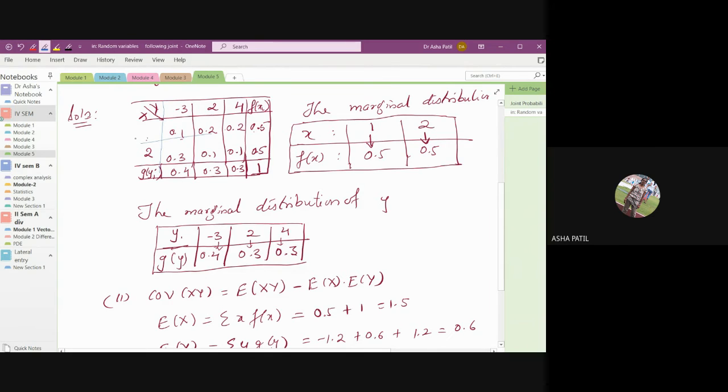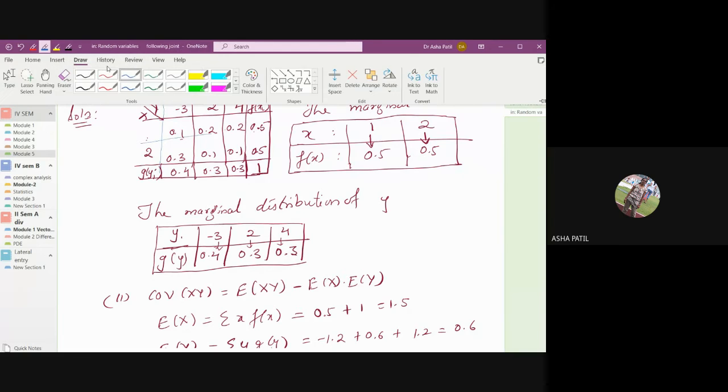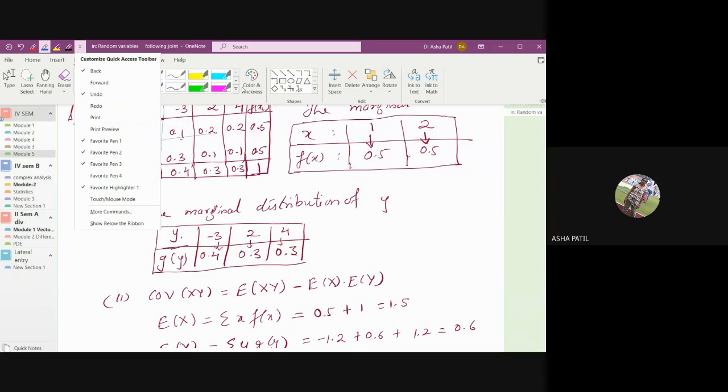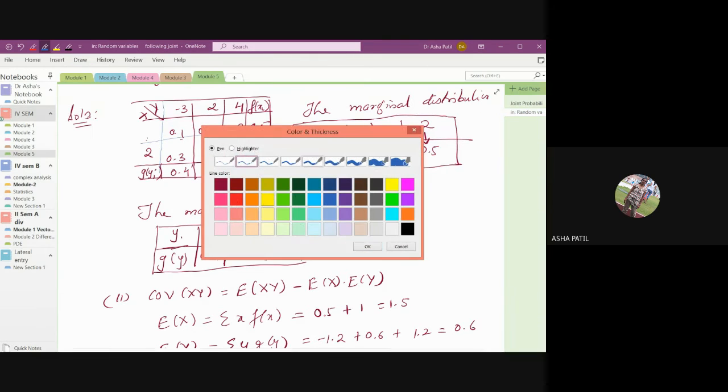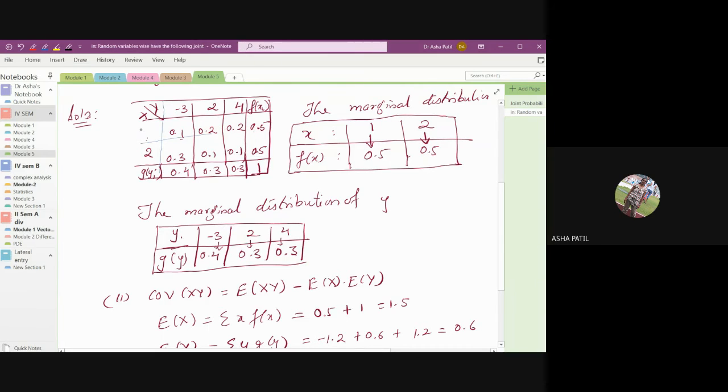We have here, what is the value? 1. This value is 1, okay. So xi, then yj into its corresponding probability pij. xi, yj into pij.